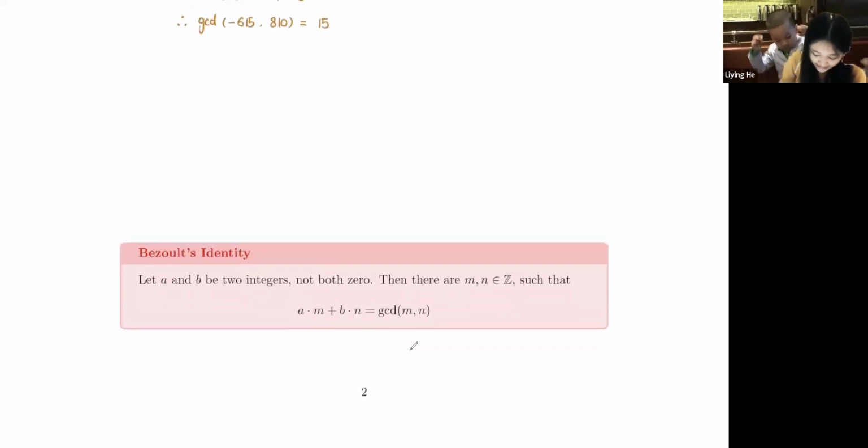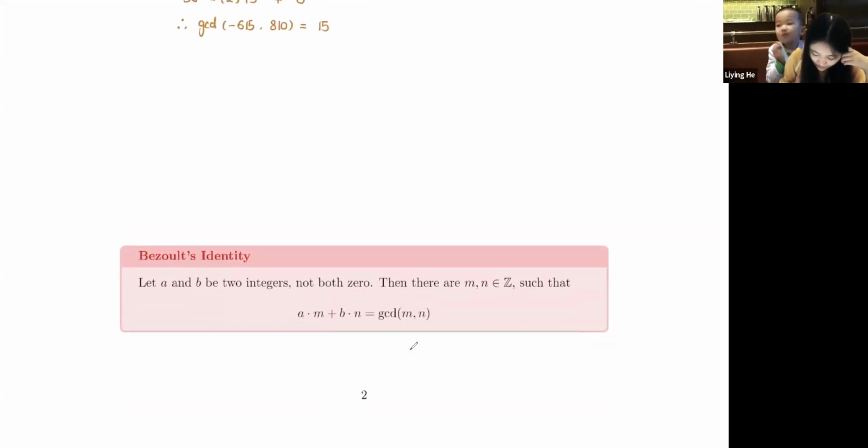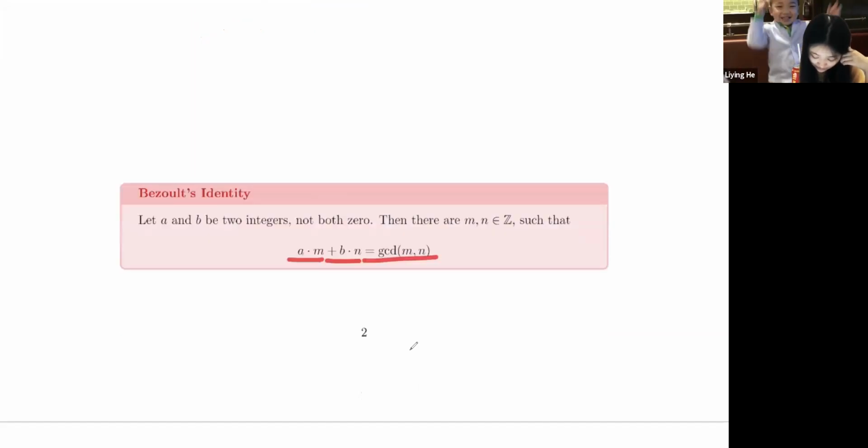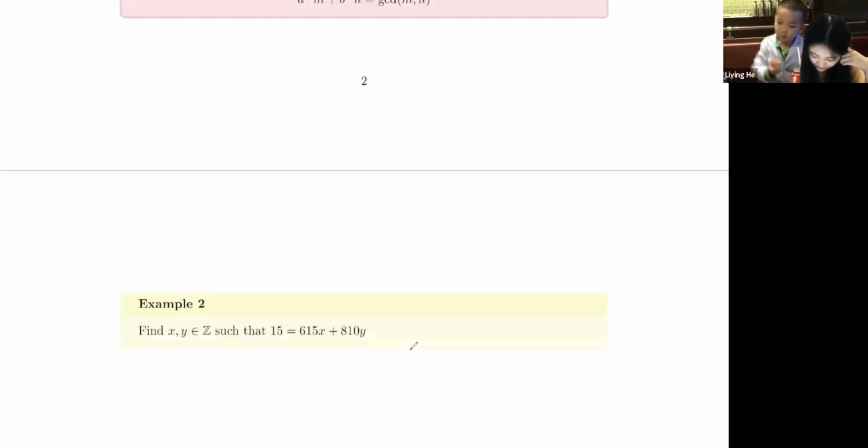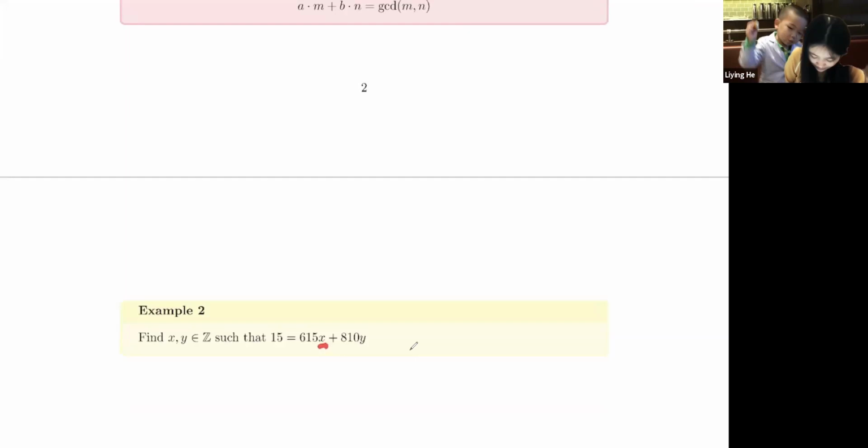By Bezout's identity, we know that there must be two integers A, B such that AM plus BN equals the GCD of M, N.